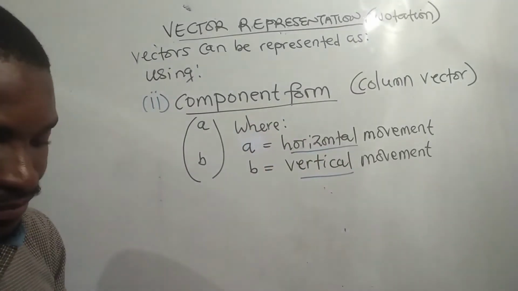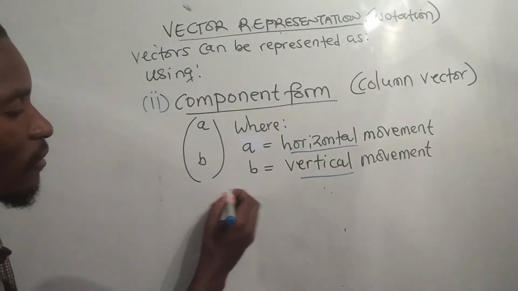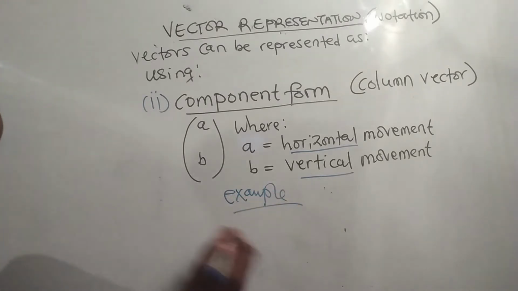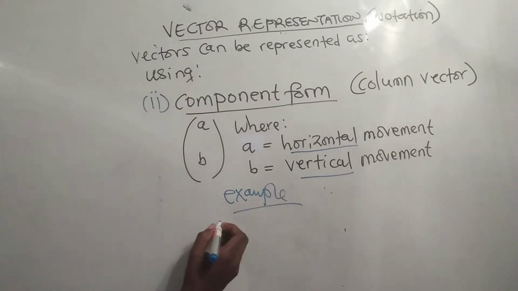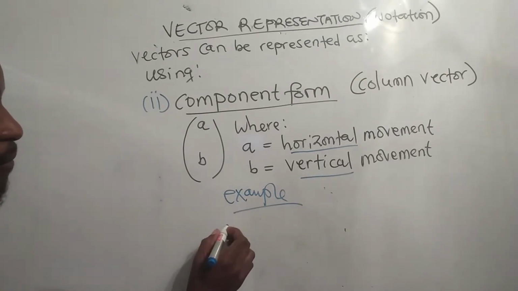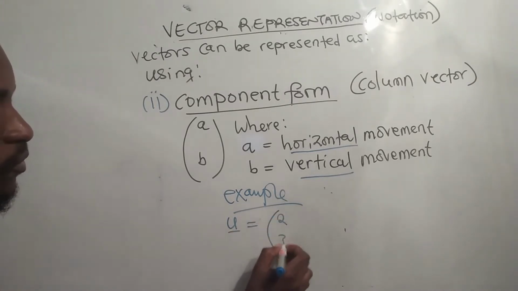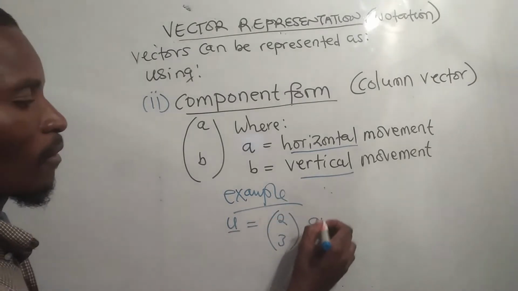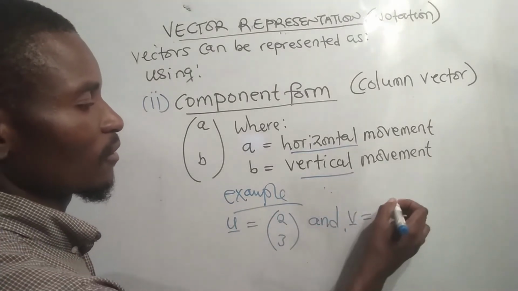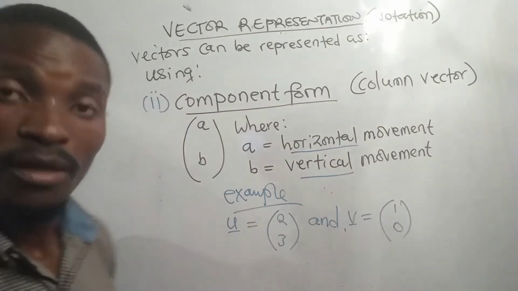So you can have, for example, this vector u equals (2, 3), and the other vector v equals (1, 0).